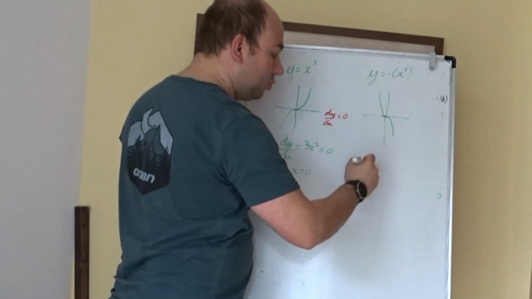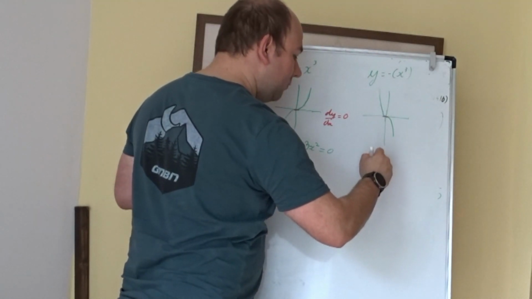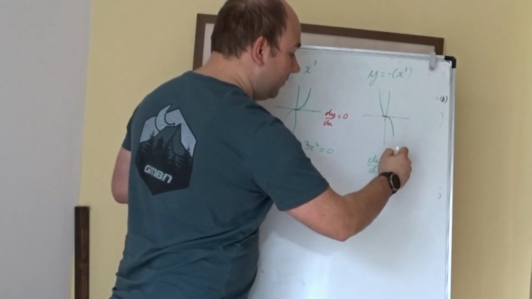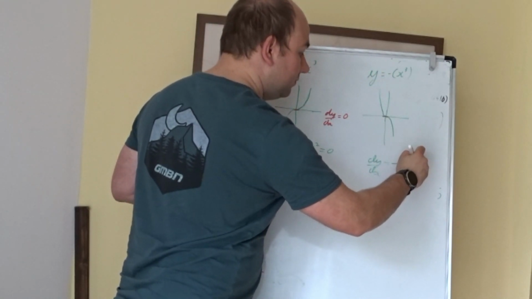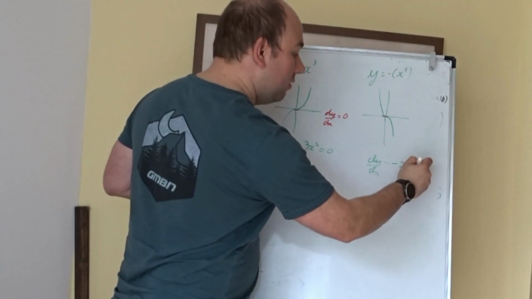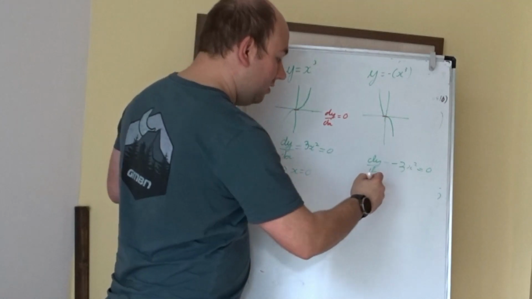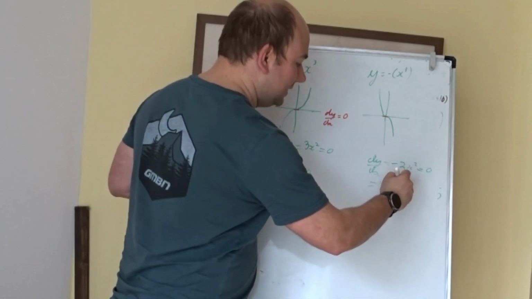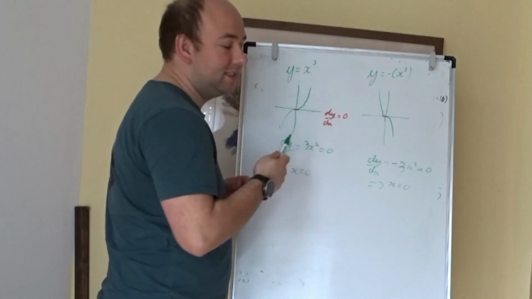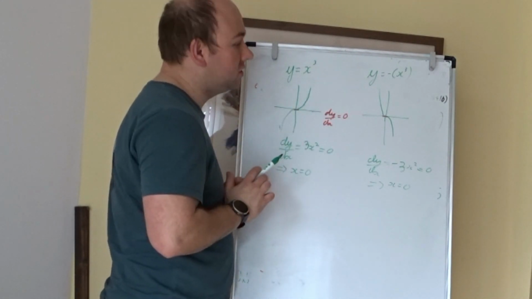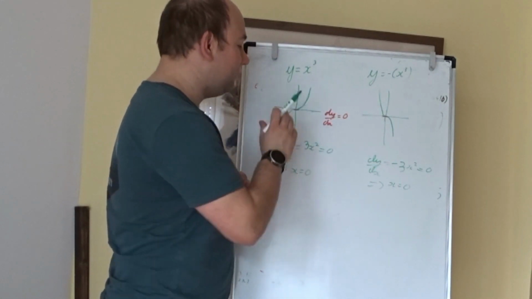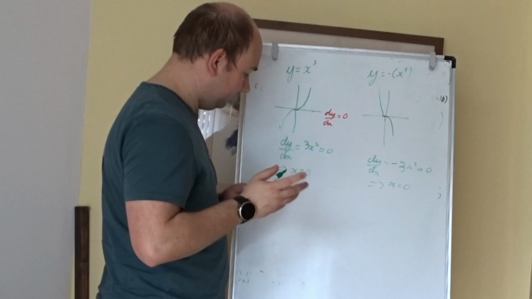And if we do that for this one as well, we end up with dy by dx is equal to minus 3x squared, which we're also going to say is equal to 0. This will also give that x is equal to 0 for this example. Of course, I picked this example for simplicity, but to show you what's going on. So we know that the turning point is at x equals 0. We can see that from the graphs as well.